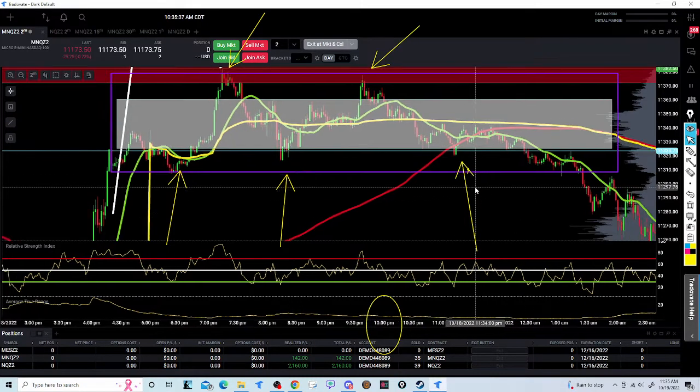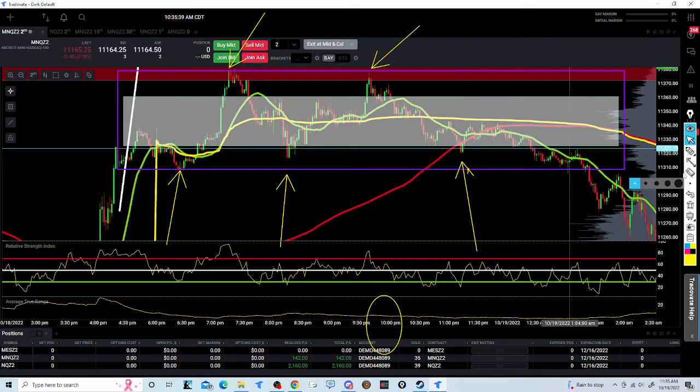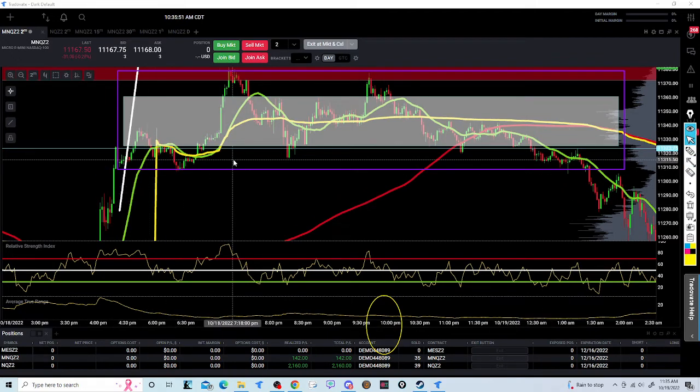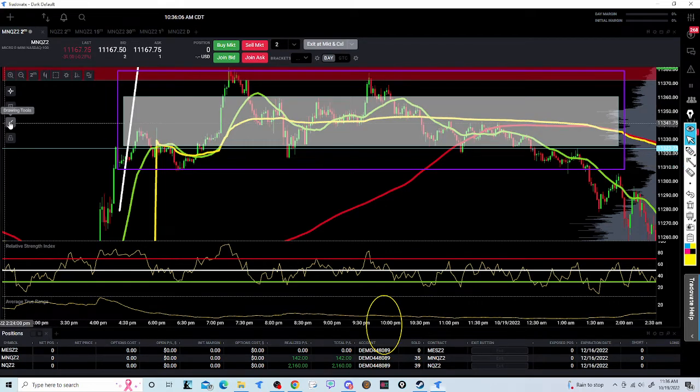I want you to be able to identify the range and identify your no trade zone. Now that we have our parameters marked off and our no trade zone marked off, let's mark off a 50% mark, which you can do here with the tools.